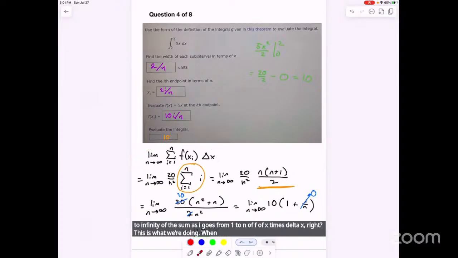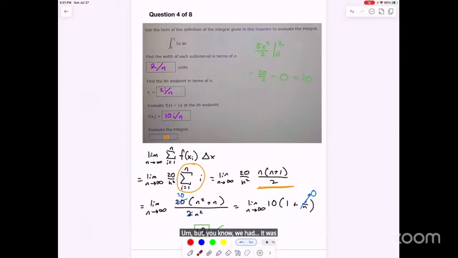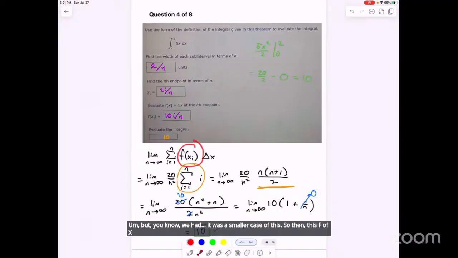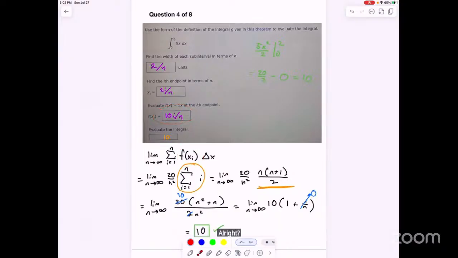When we were doing those Riemann sums, it was a smaller case of this. So then this f of x_i comes from here, all right? So the 10i over n times delta x, which comes from here. So let me put that intermediate step in there.